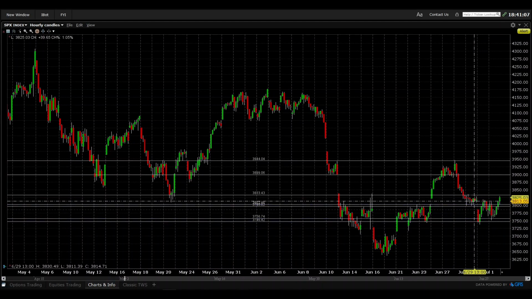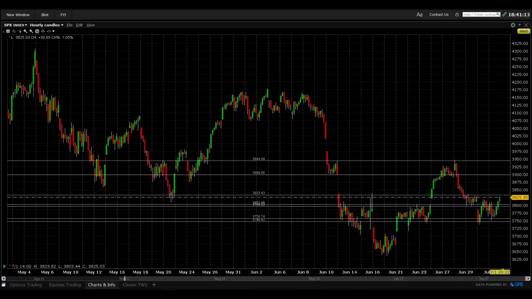So we had the supply zone, we had it retest, so we had a bunch of those orders get filled, and we're heading right back into it with strong volume and strong momentum. This is a time to be cautious if you're going to be shorting, because you want to really wait for that confirmation, right? You don't want to be guessing it's going to be the top just because it's a supply zone. You never want to guess, right?